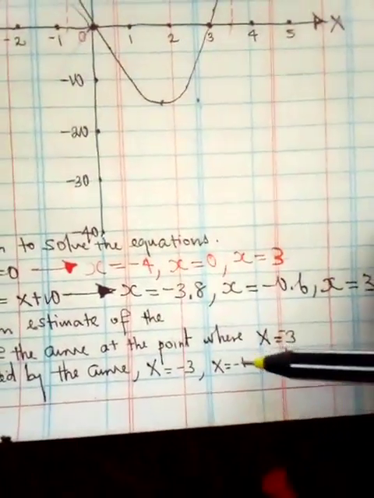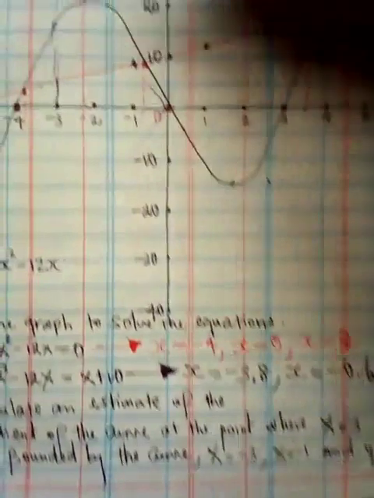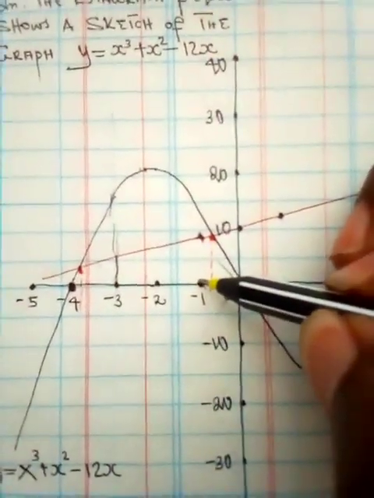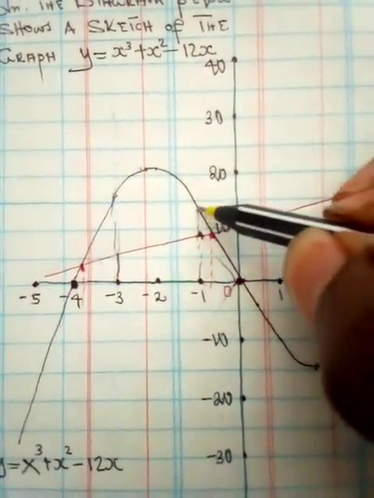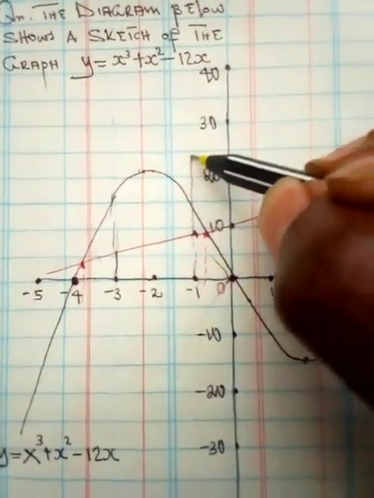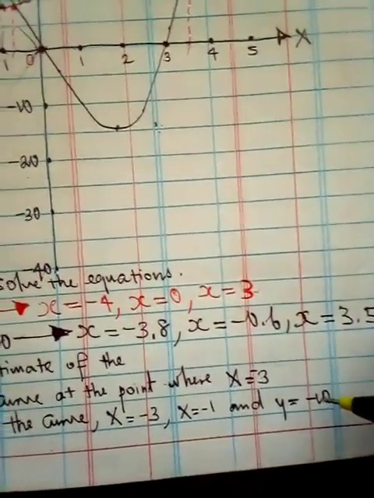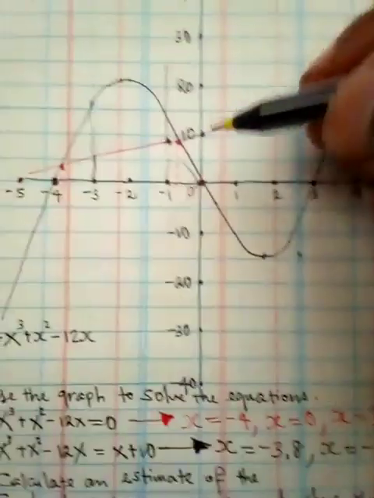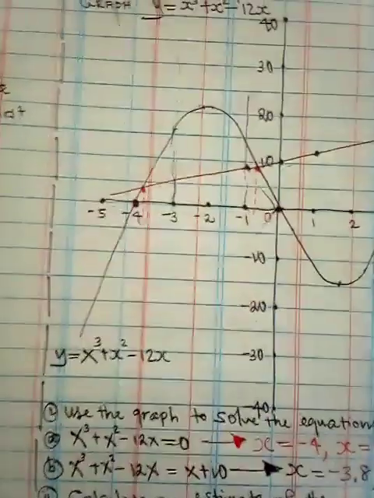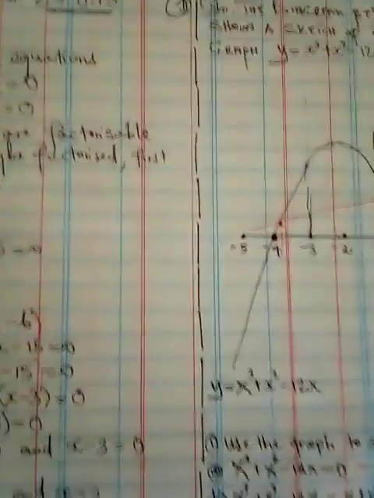Okay. x is equal to -1. x is equal to -1. So okay. And then y is equal to -10. Now our y is equal to -10 is down here. So let me extend the lines like this.